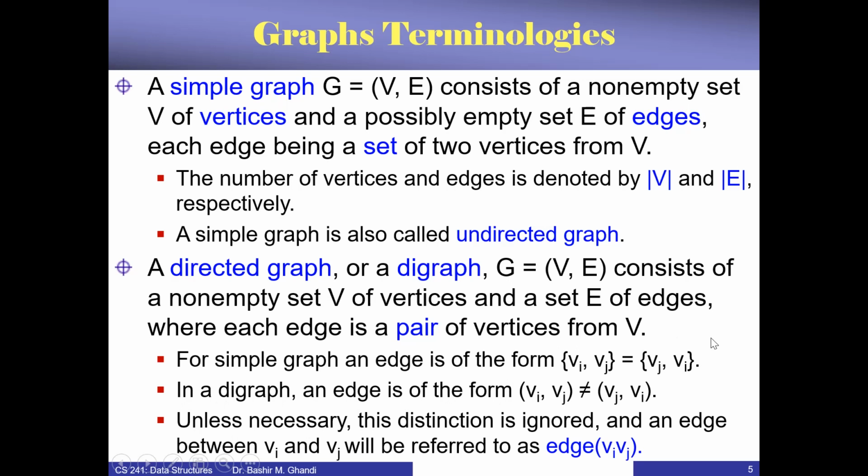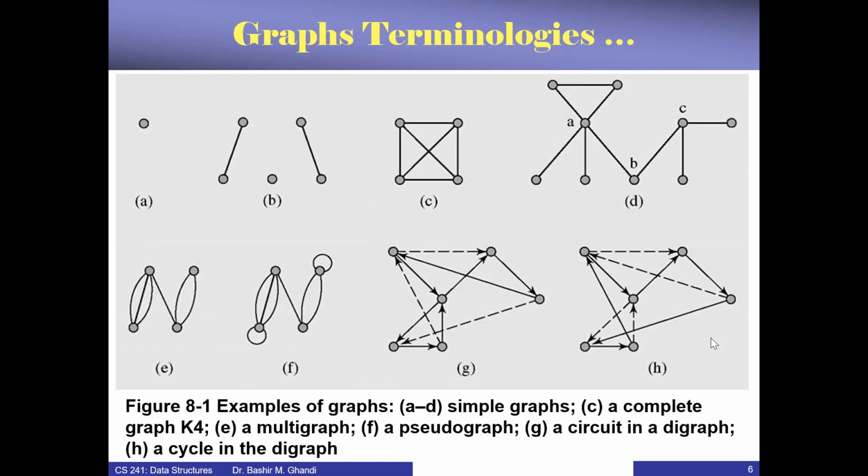Having taken the definition of the two main types of graphs, let us explore some examples. These are all examples of graphs. As you can see, a graph can even have just one vertex with no edge at all, as shown in A here. If you may recall, this is different from trees.